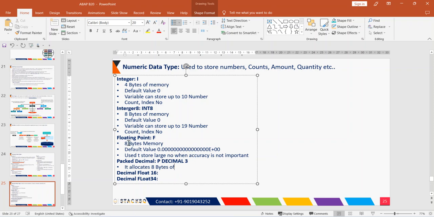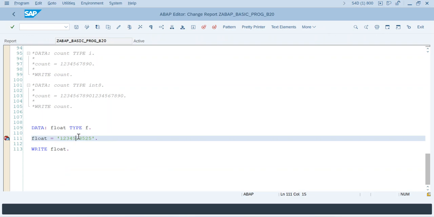Okay, so basically what happens, the memory is 8 bytes, right? So if you want to store 2000 numbers in a variable, will it be possible? No, sir. Not possible, right? Because of the memory. But still we don't want to get any dumps, meaning we don't want any errors. Then how should the system handle it?